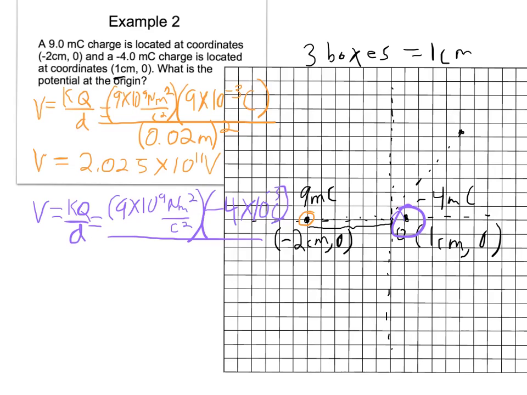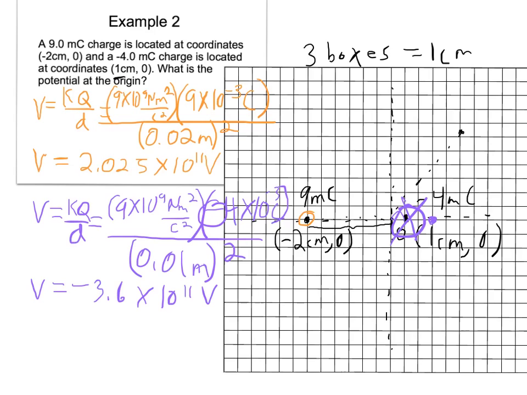That should have been 3 boxes based on what I said earlier, shouldn't it? So if we put it in the right place, there's where our purple charge should be. Divided by 0.01 meters squared. And I get the voltage from the purple charge is negative, because the charge was negative, 3.6 times 10 to the 11th volts.